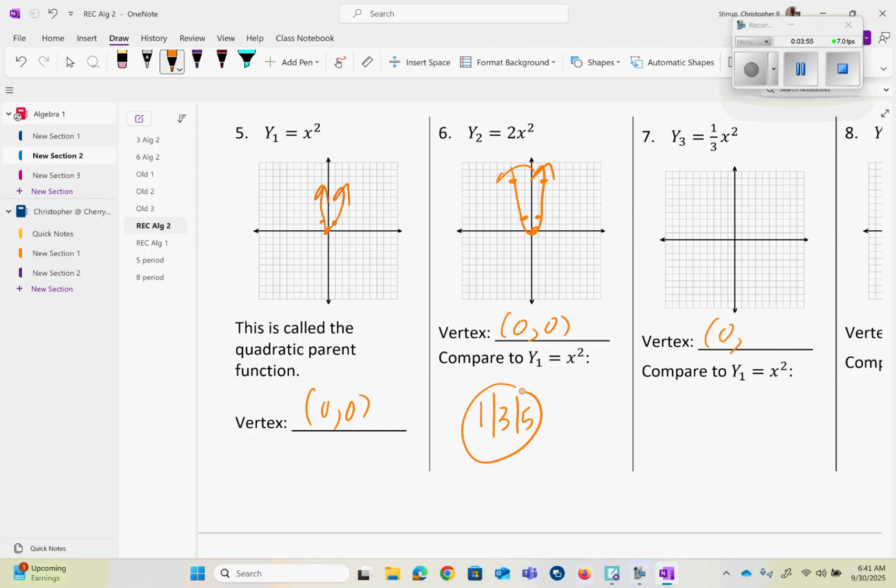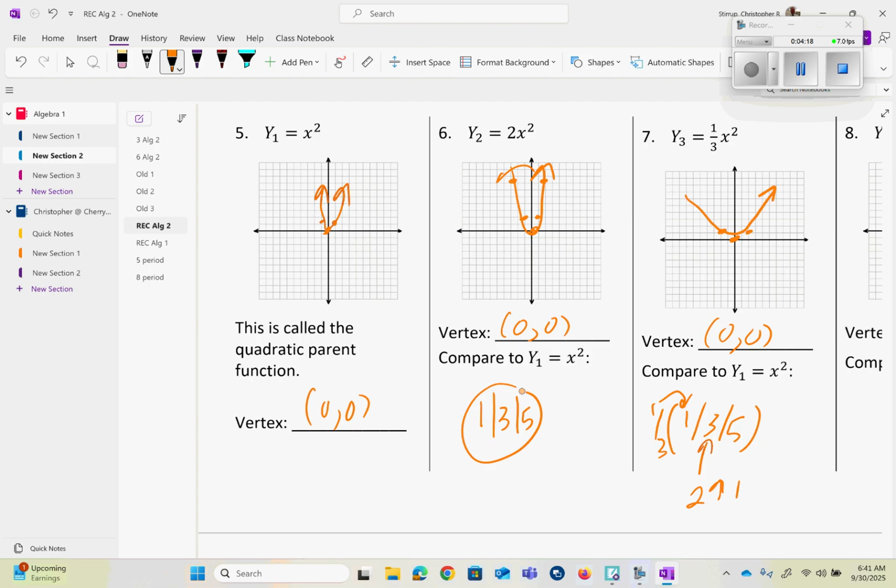This one still has a vertex of 0, 0, but we multiplied the 1, 3 by 1/3. Well, this one's kind of hard, so if we go 2 over, we're going to go up 1. So I'm going to go right 2, up 1, left 2, up 1, so on and so forth.